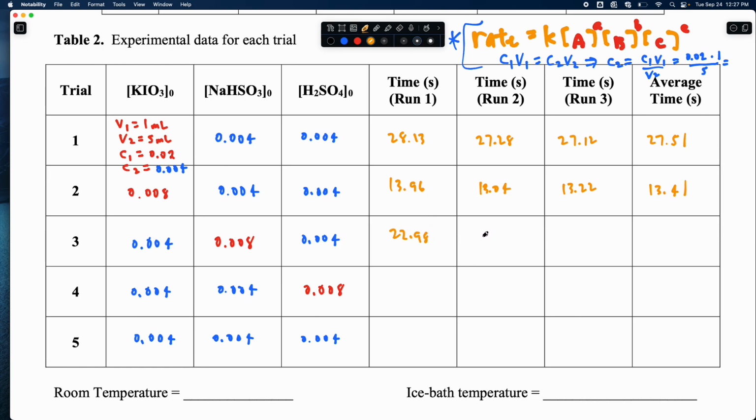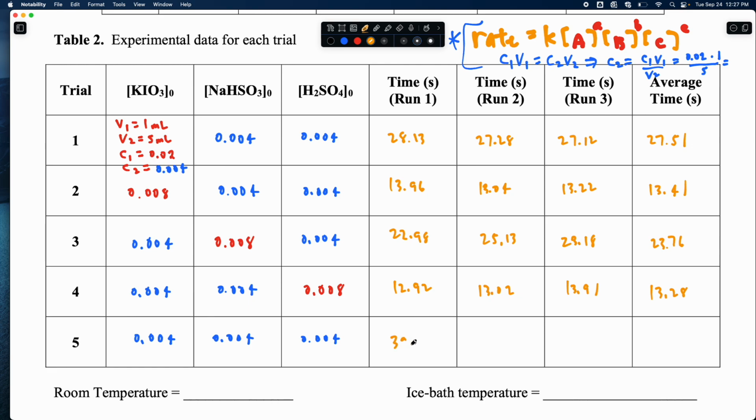Then 22.98, 25.13, 23.76. These numbers are really good. Then 12.92, 13.02, 13.91, and the average is going to be 13.28.